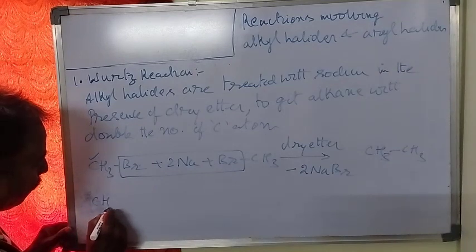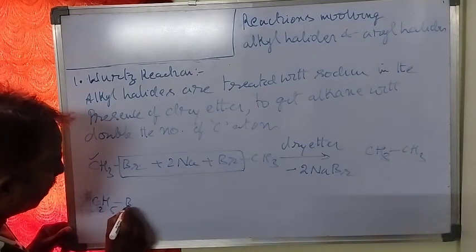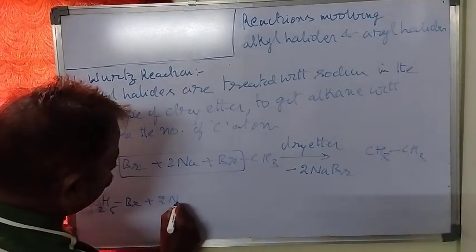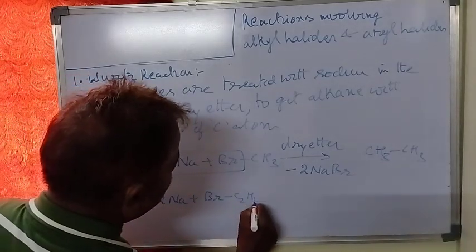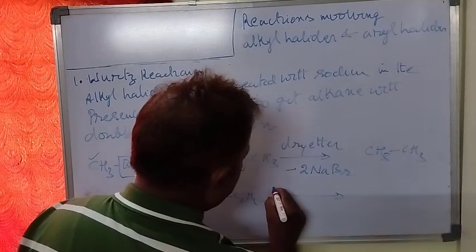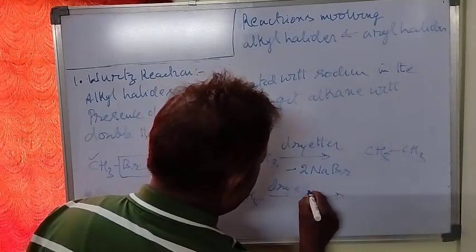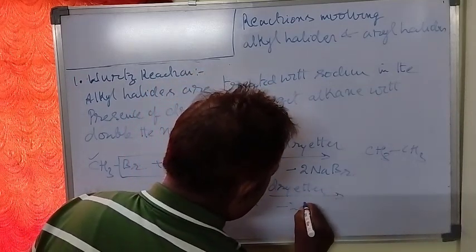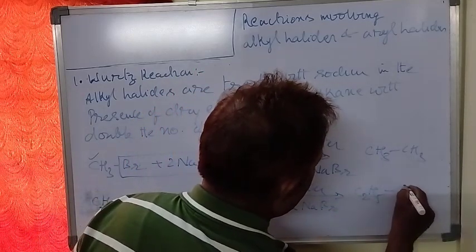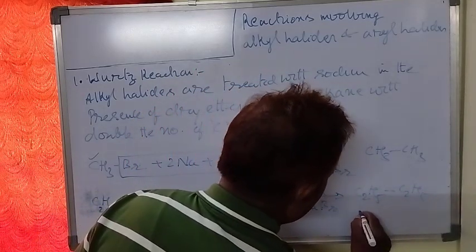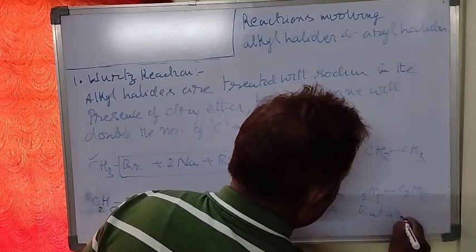Similarly, if you take C2H5Br plus 2 sodium plus BrC2H5 in the presence of dry ether, sodium bromide is removed and we get C2H5-C2H5. What is this substance? Butane.